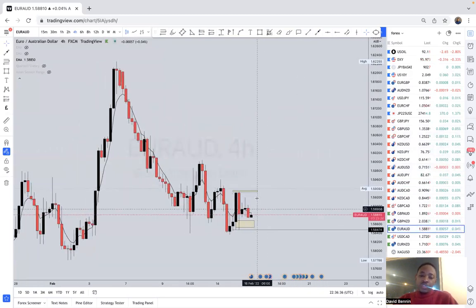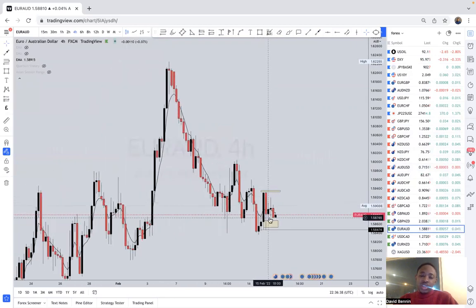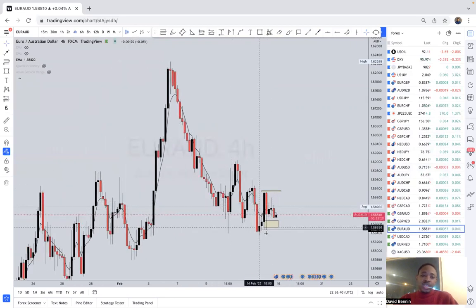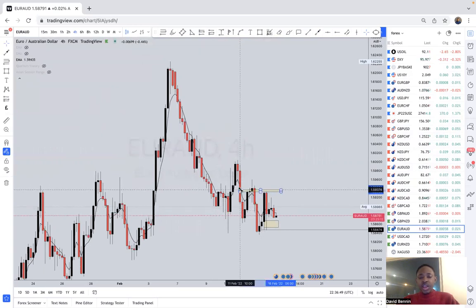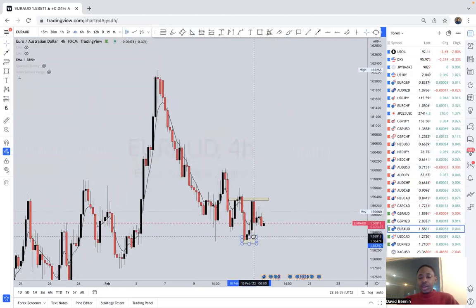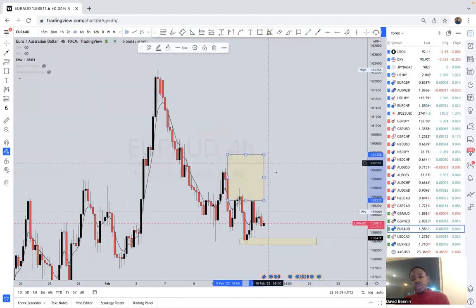So here currently from the structure that we see here, we seem to be struggling around this level here. So price, this is a high and this is the low. High and low, high and low. So we are on the 4 hour time frame.